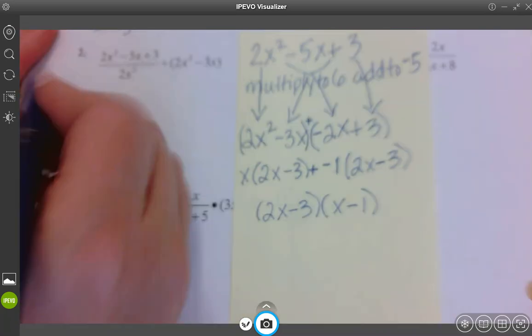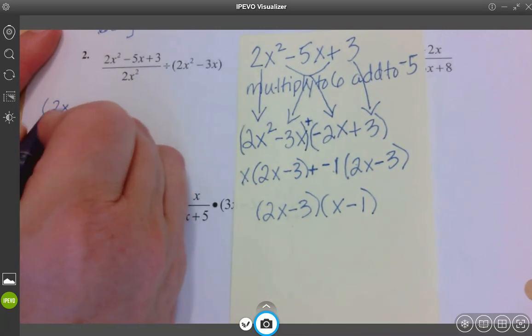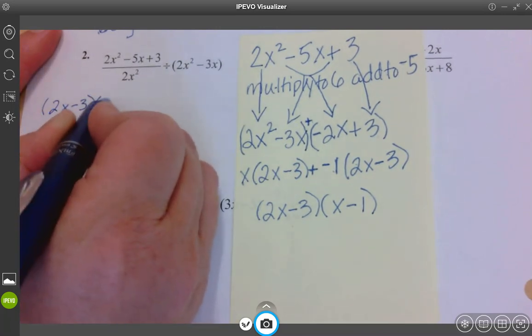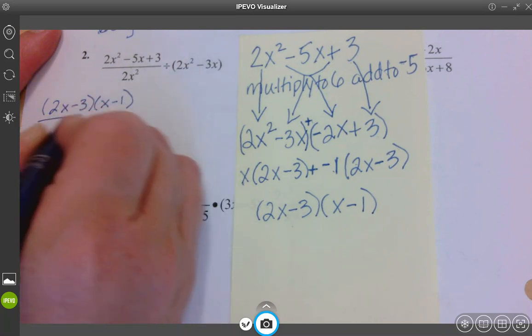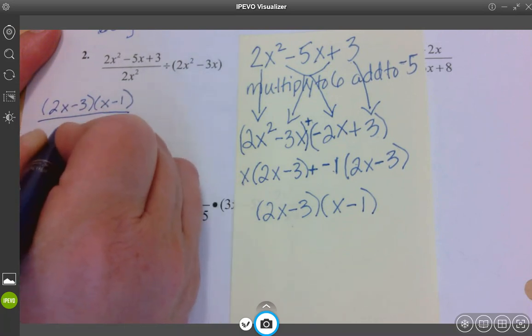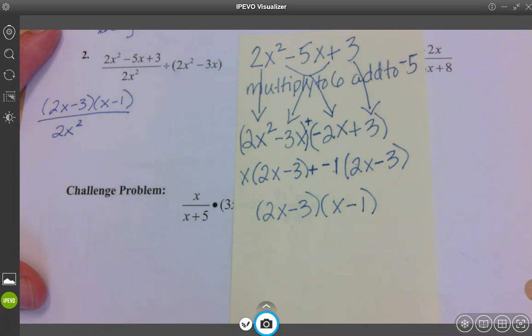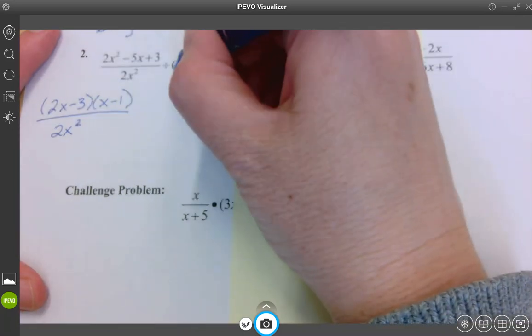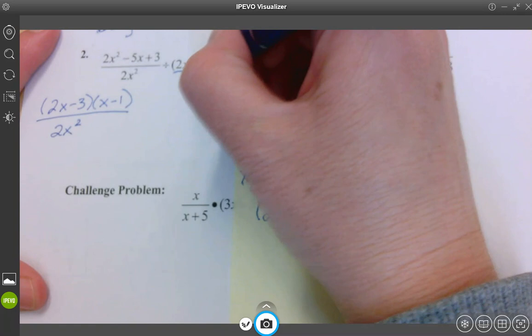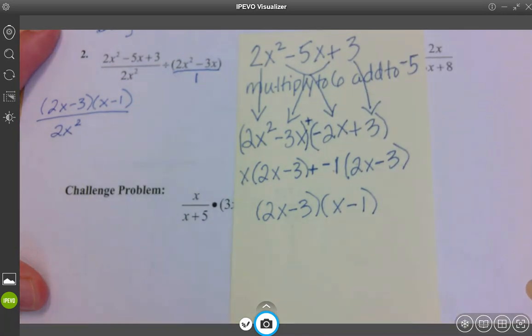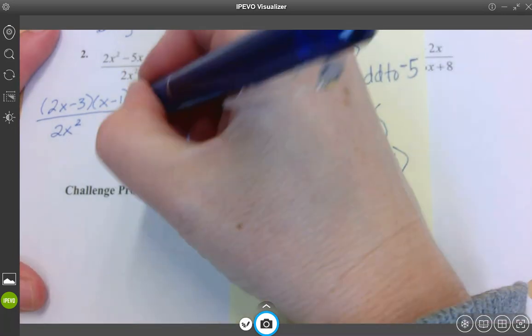All right, so I'm going to bring this 2x minus 3 times x minus 1 over 2x squared. Now I'm dividing, and it's not a fraction, so I'm going to make it a fraction by putting it over 1. And now I'm going to flip it and multiply.